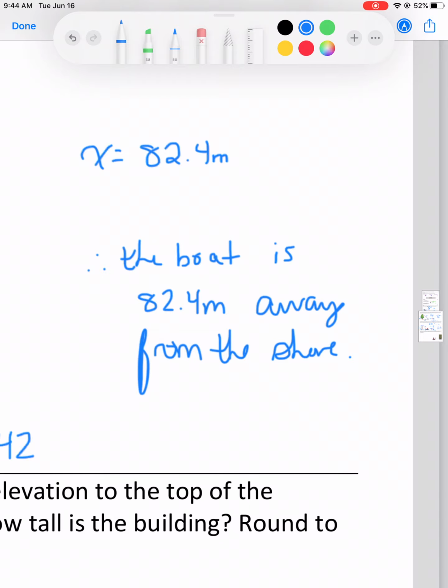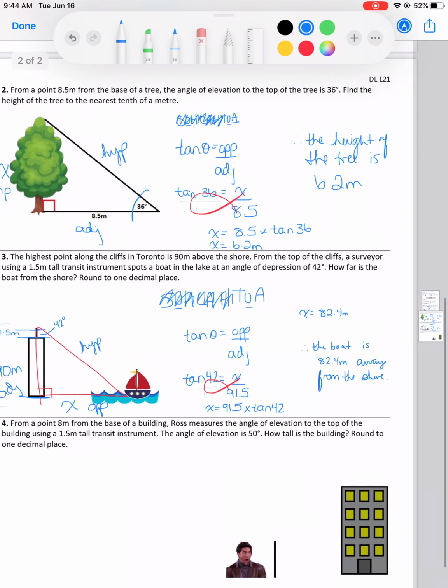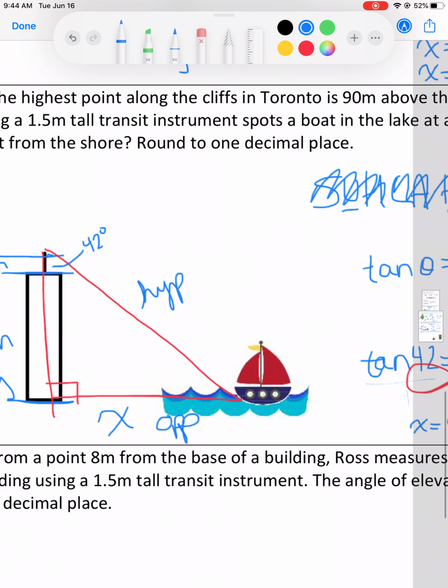Okay, so again, super important for you guys to be able to label these properly, because if you labeled this the adjacent and you labeled that the opposite, your answer is going to be incorrect.